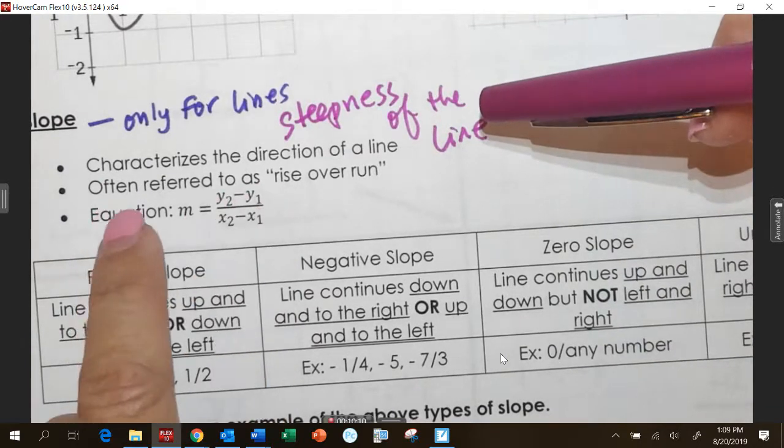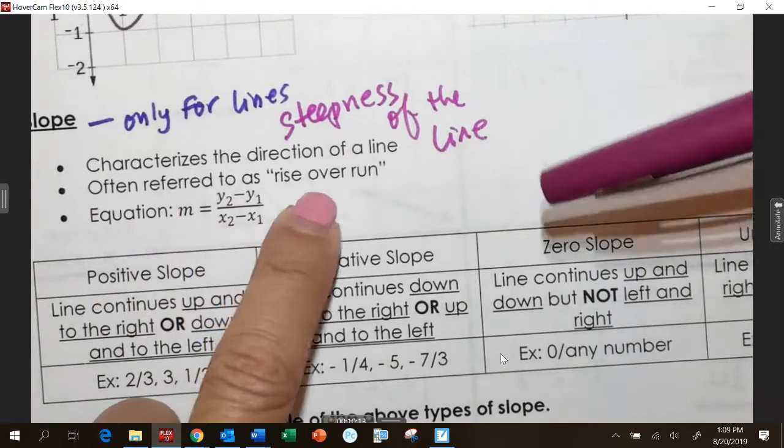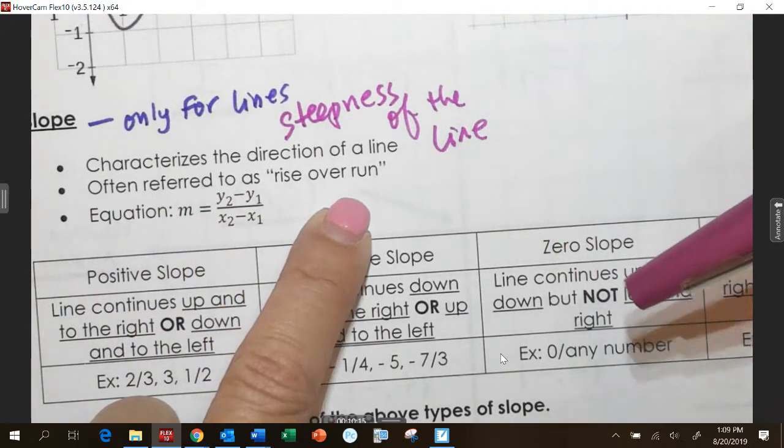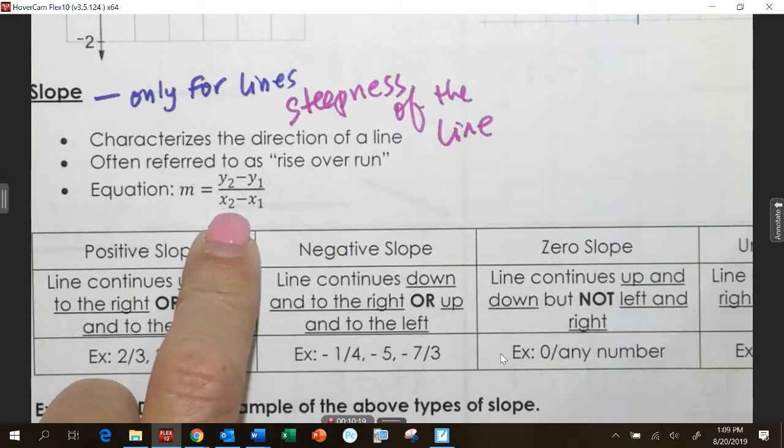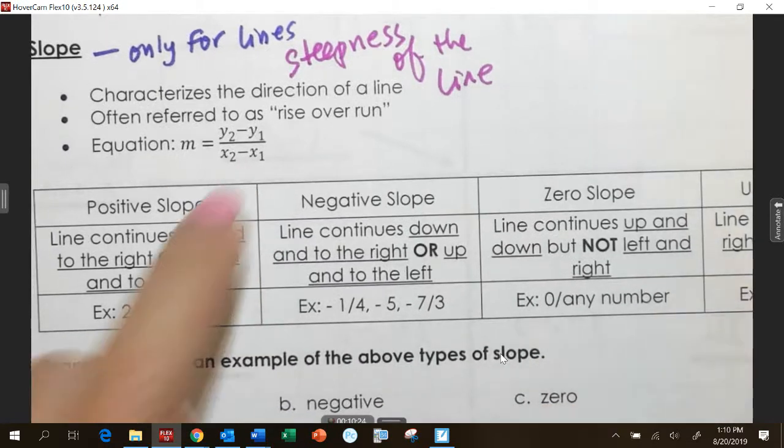Here, it often is referred to as rise over run, because that's how we would graph it. And we have a formula to find the slope. y2 minus y1 over x2 minus x1.